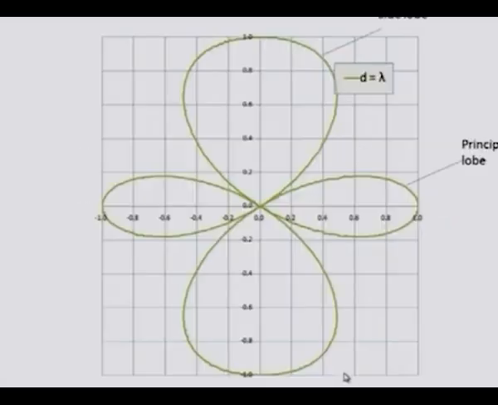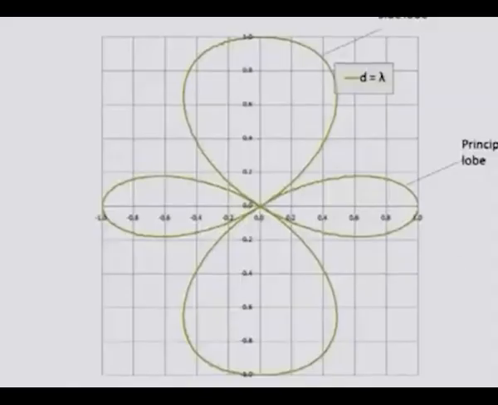So, this first slide relates to the directivity pattern for two sources, both sources acting in phase, both sources having same volume velocity, and these two sources are separated by a distance d which equals the wavelength lambda.